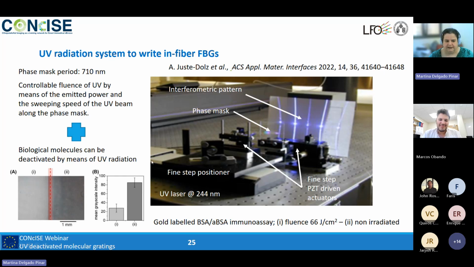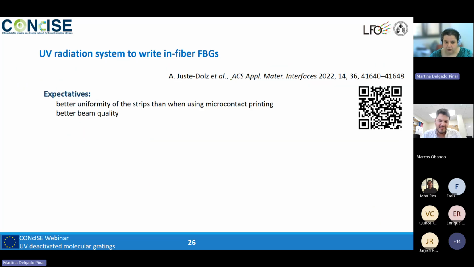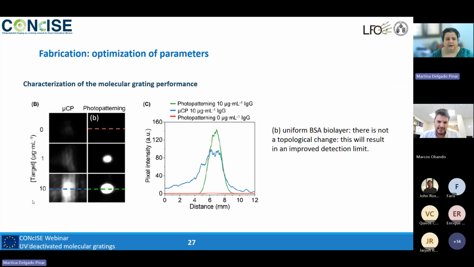So once we knew that we could fabricate these strips of active, inactive molecules, we could expect to have a better uniformity of the strips than when using microcontact printing, and then we are going to obtain a better beam quality of the diffracted beam. And that's actually what occurs. We have the field of the beams of the microprinting setup and the field of the beams of photopatterning.